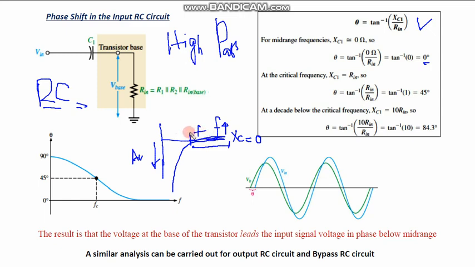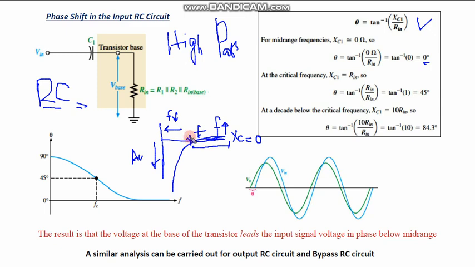And this point was FC. Now when I decrease the frequency further down from FC, XC would be non-zero, and we can calculate the phase shift.